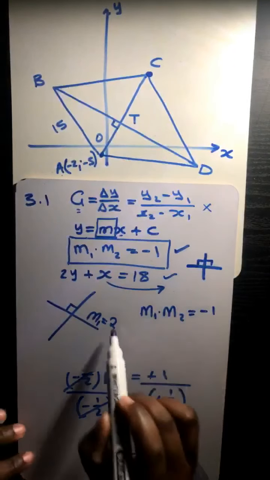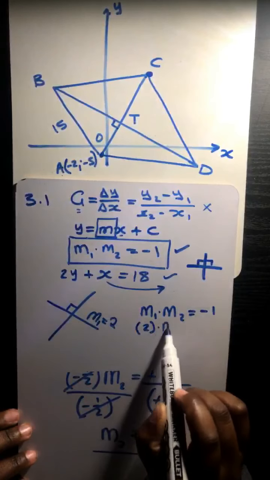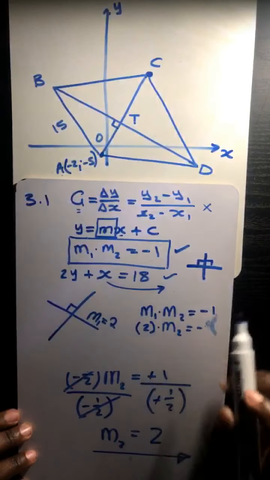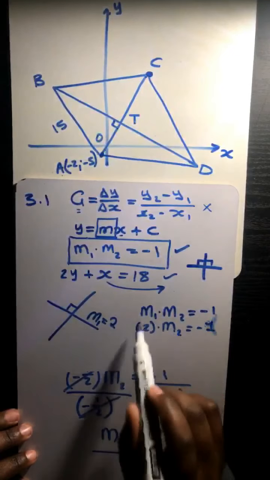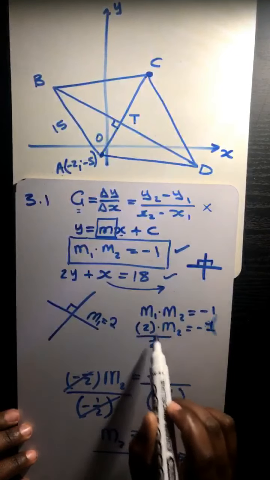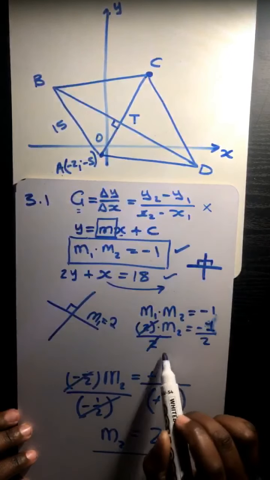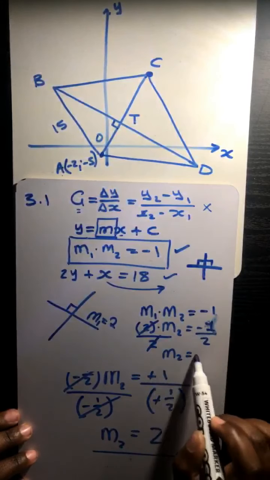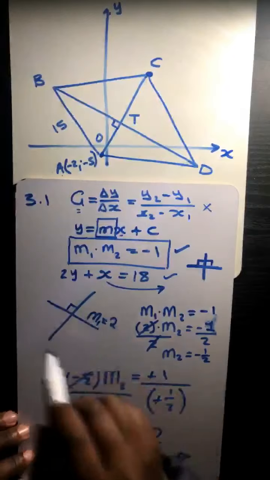So you know the gradient of line 1, you put it inside the brackets, multiplied by the gradient of line 2, equals -1. So what do you do to remove that 2? You just divide by 2 so that it cancels, and whatever you do on the left, you do on the right. You therefore have M2 equal to what? You punch all of that on a calculator, it gives you -1 over 2. Does it make sense there, Grace? This was just an example, okay?